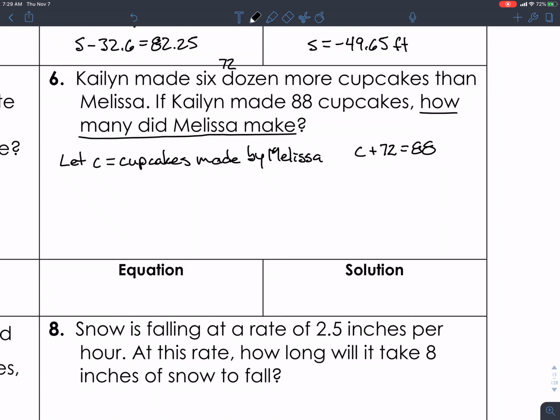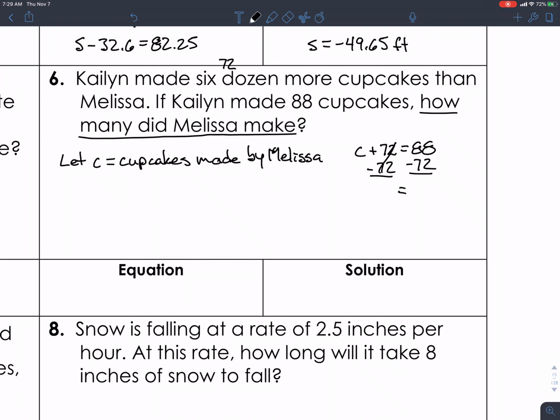So we know the total that Kaylin made, and we know that Kaylin made 6 dozen more than Melissa. So we can figure out what Melissa made. That's a really simple one-step equation. C, what Melissa made, plus the 6 dozen more that Kaylin made should equal the total that Kaylin made, 88. So we just subtract 72 from both sides. That goes away.